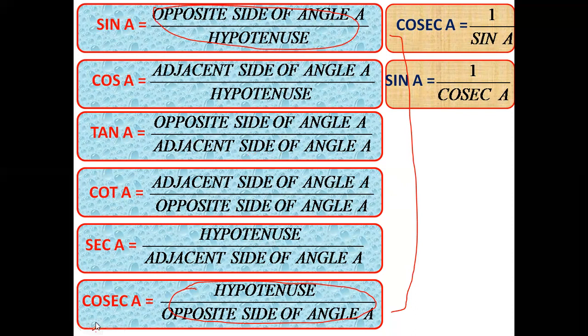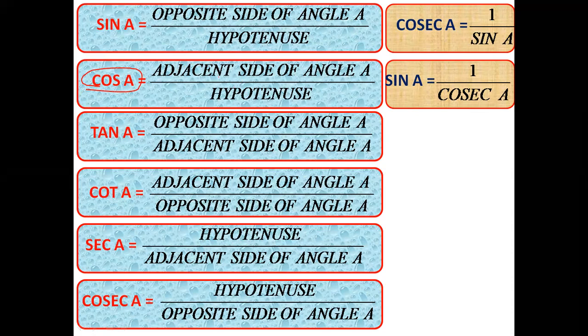Next, if you observe cos A, it is adjacent side by hypotenuse. If you reverse this ratio, what do we get?